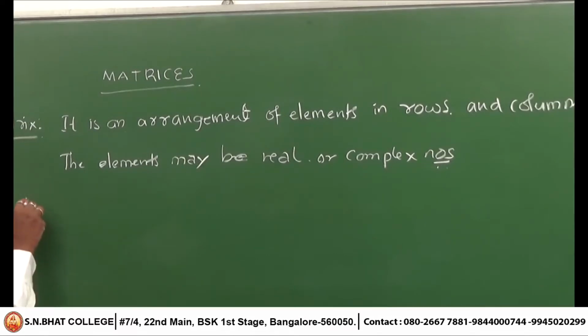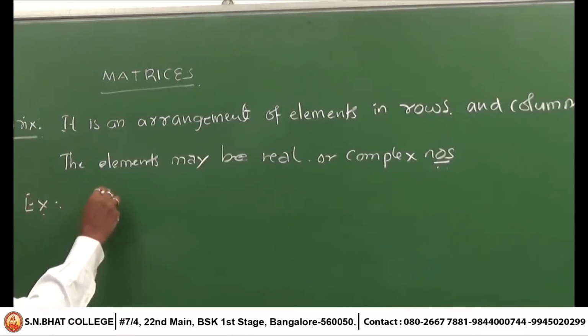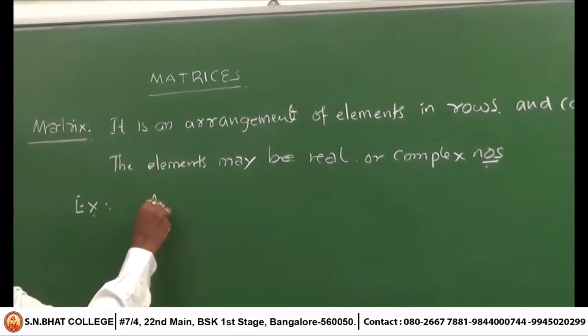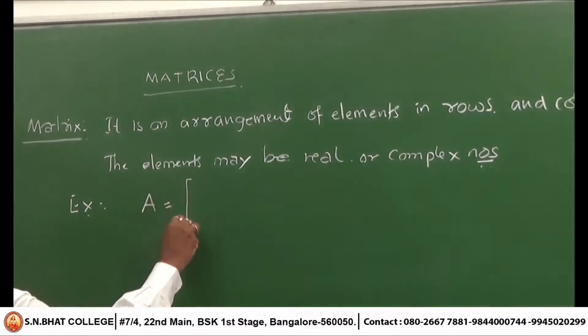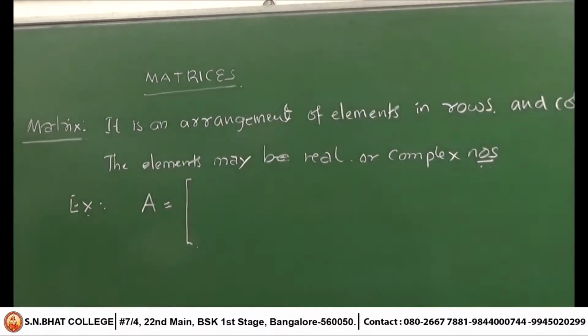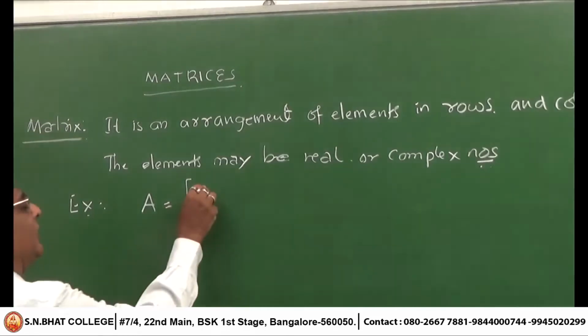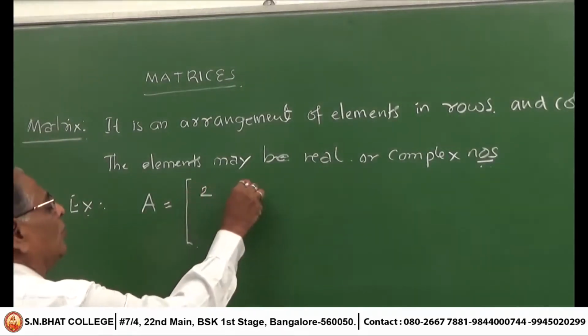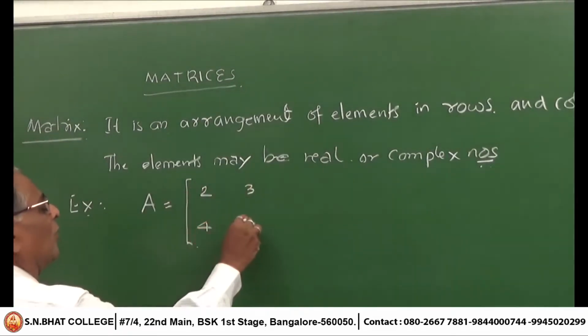Example. Usually matrices are denoted by capital letters. A is a matrix: 2, 3, 4, 5.